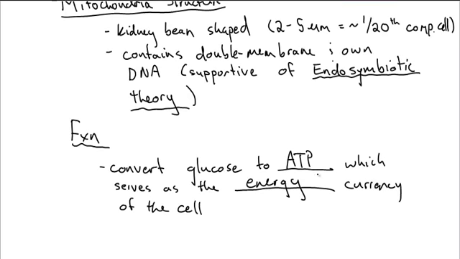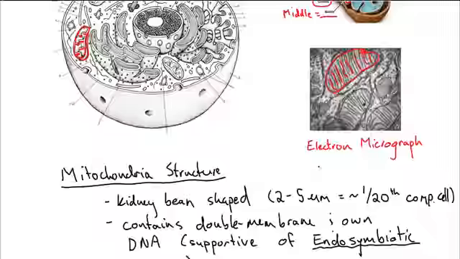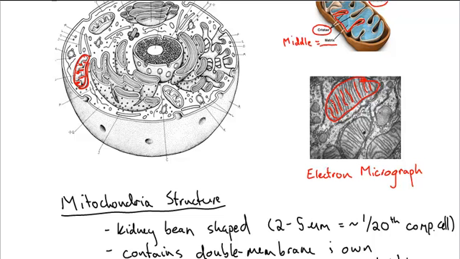Now, important to it doing this, we have to go back up here, is the cristae. And the cristae have many folds, or are many folds, in the inner membrane.